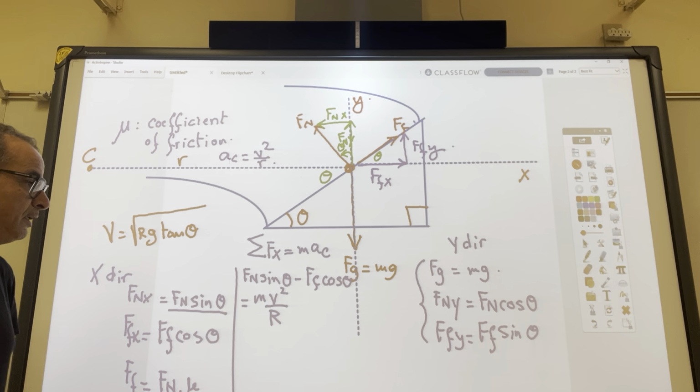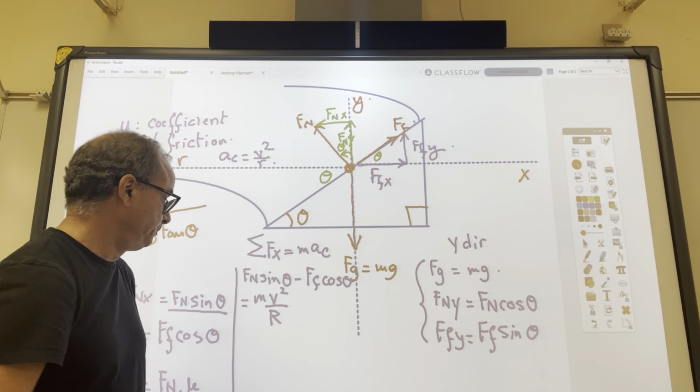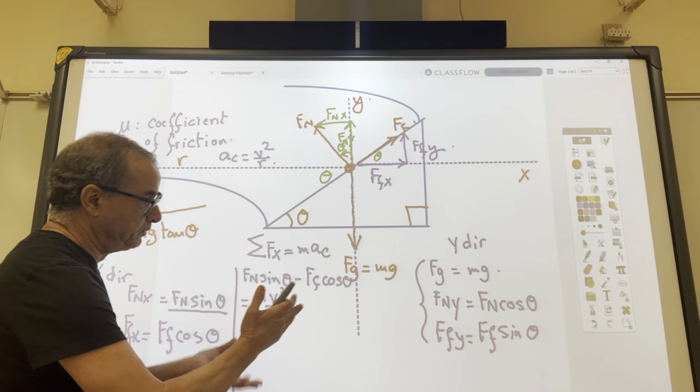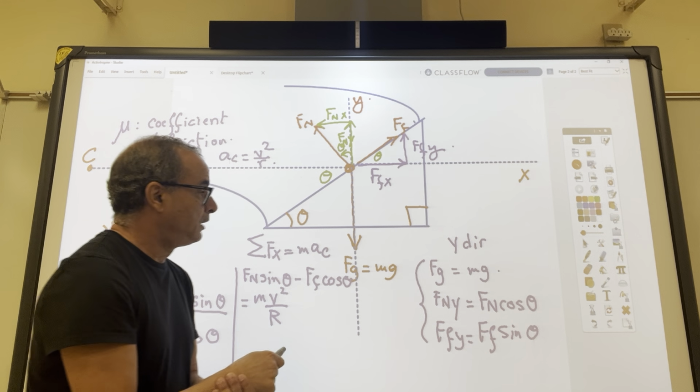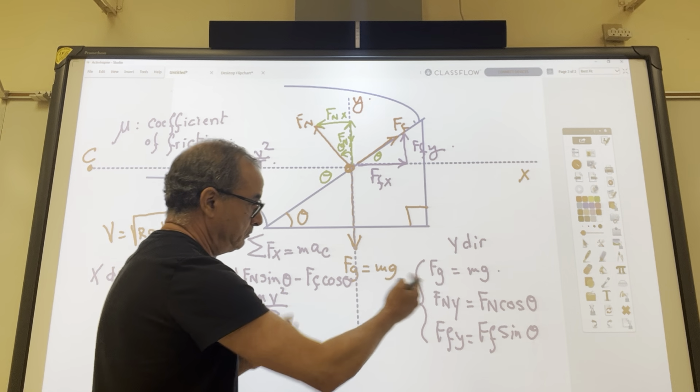All right, so we're going to leave this for now, and we're going to go and work on the y direction, because we're going to use both in order for us to have an expression for the velocity. We have to use both directions.